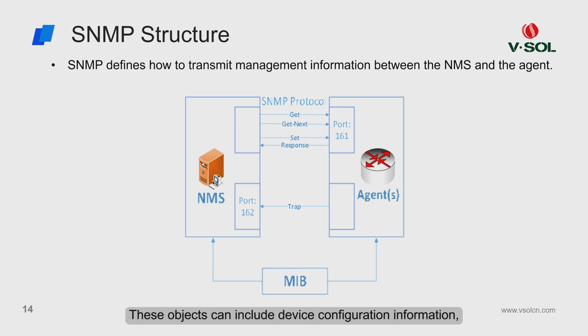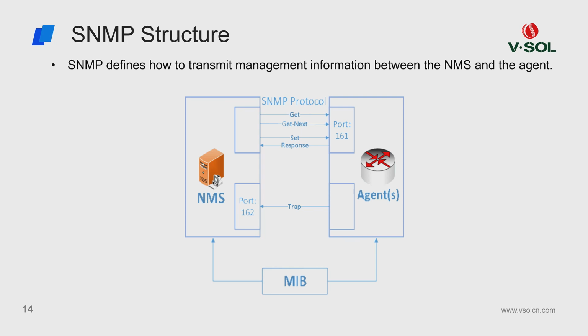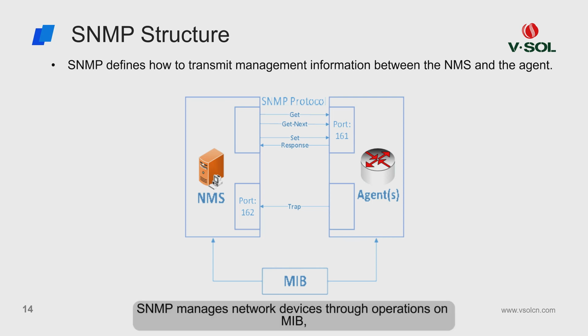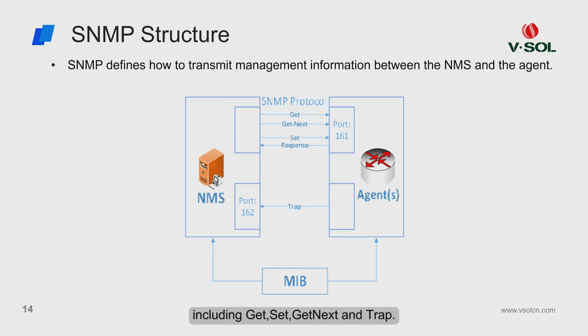These objects can include device configuration information, status data, and statistics, such as network interface traffic, system uptime, and CPU usage. SNMP manages network devices through operations on MIB, including get, set, get next, and trap.